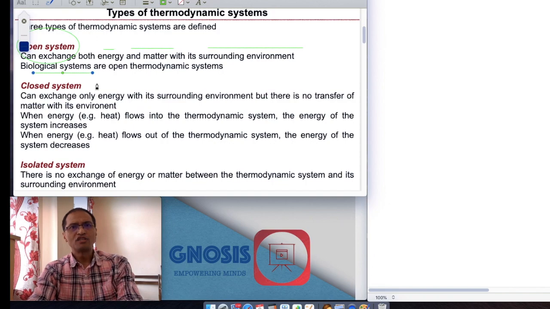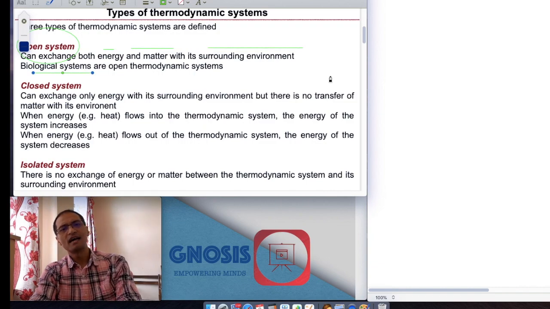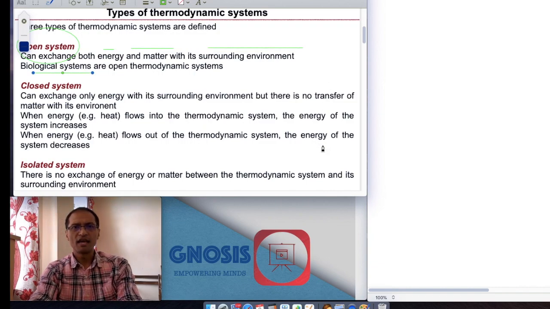When energy flows into the thermodynamic system, you will have an increase in the energy of that system. And when energy exits the system, then the energy of the system will obviously decrease. And when you have a system where there is no exchange of energy and no exchange of matter, such a system is called your isolated thermodynamic system.